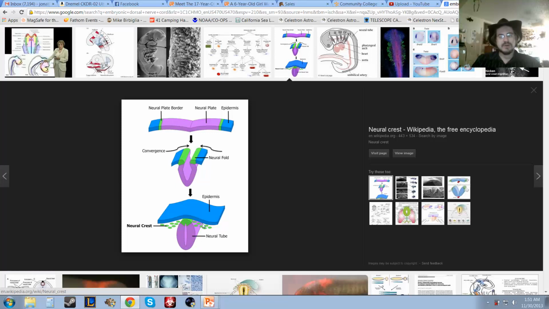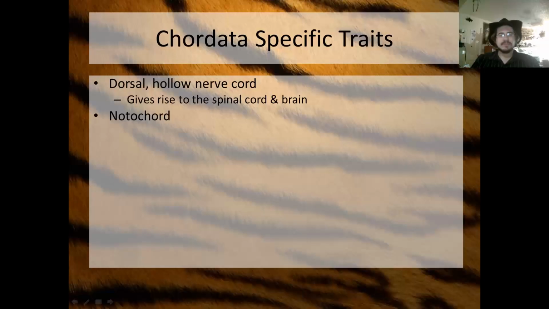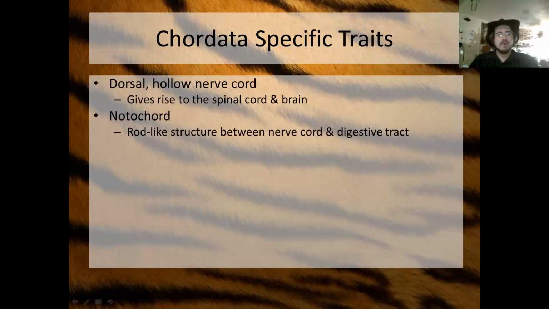So there's the neural tube, and it's hollow during embryonic development. So, bam.